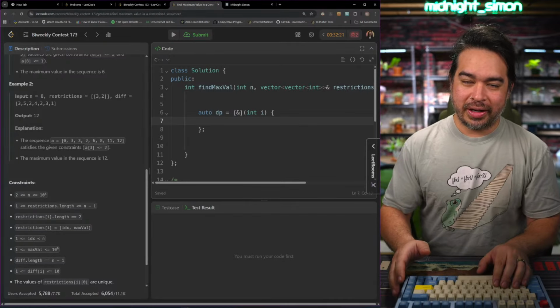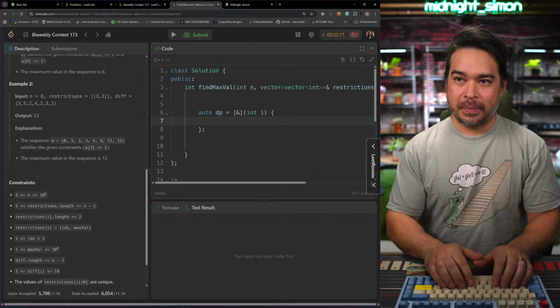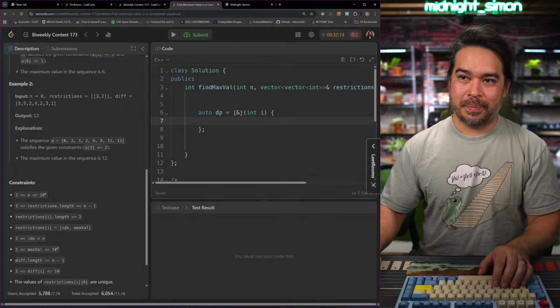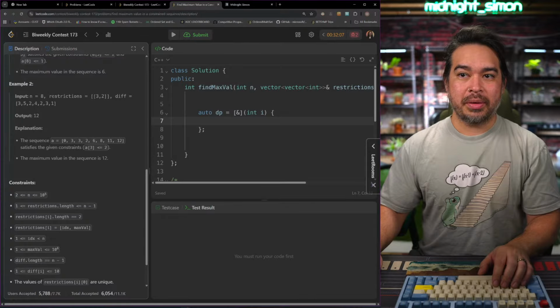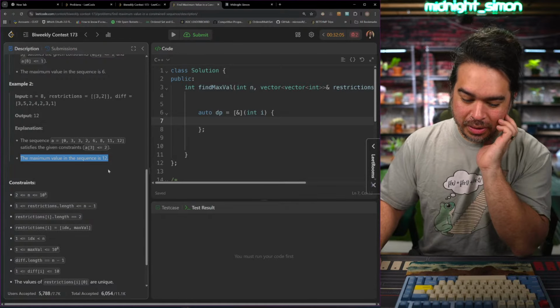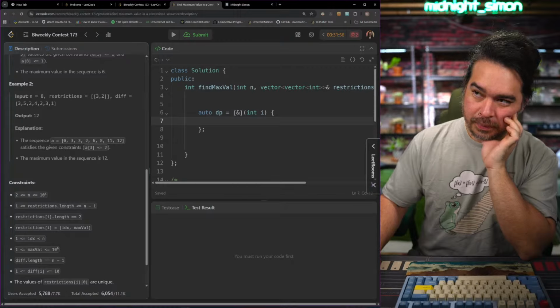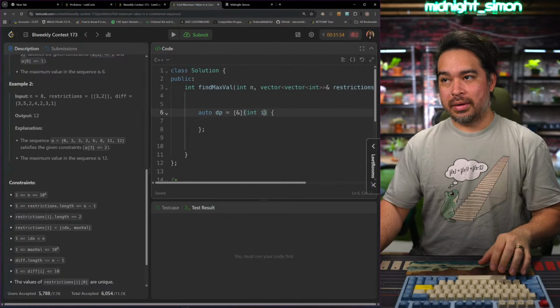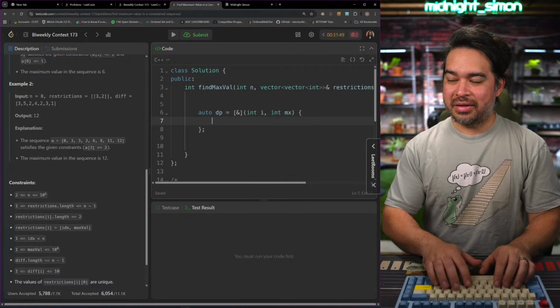I'm gonna try and remember if I can even do DP. So the first thing is like, what am I doing? I'm trying to remember the maximum value that I've placed in the sequence. I don't know. Do I carry like a max in here?